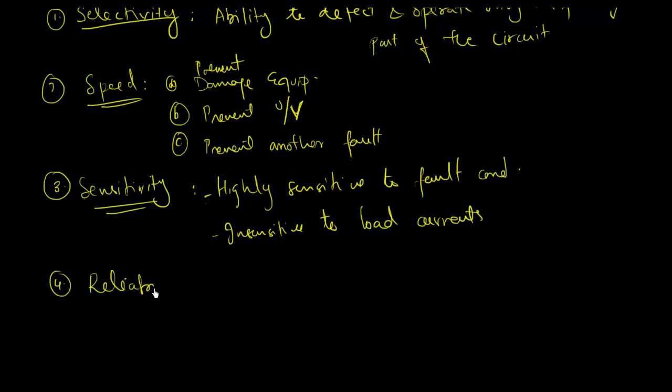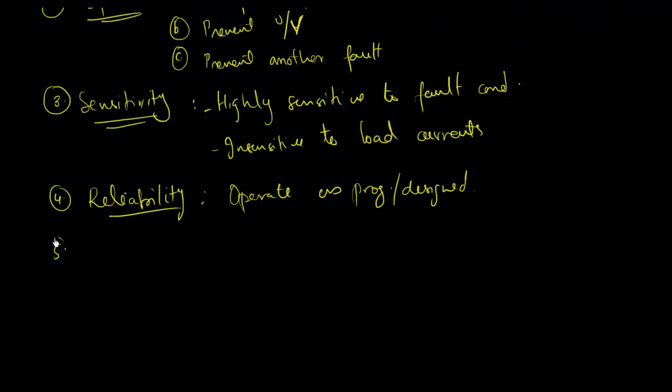And then you obviously want reliability. That's kind of self-explanatory. You want it to operate as it's programmed or as it's designed. So you want your system to be reliable. You want your system to be simple. So when we say simple, the design should be simple, keeping in mind that it's not just a design on paper, it needs to be physically installed.